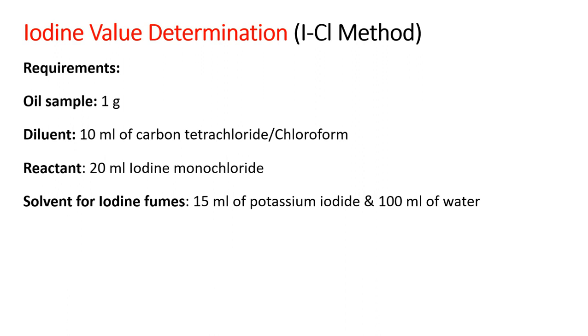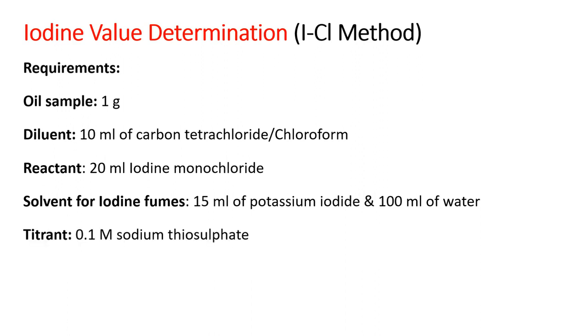During this reaction there are numerous iodine fumes, as iodine being a sublime solid gives out certain fumes. In order to capture these fumes, we need another solution, that is potassium iodide, approximately 15 ml, and 100 ml of water is also used to rinse this potassium iodide.